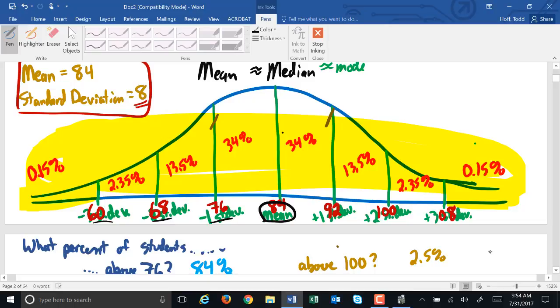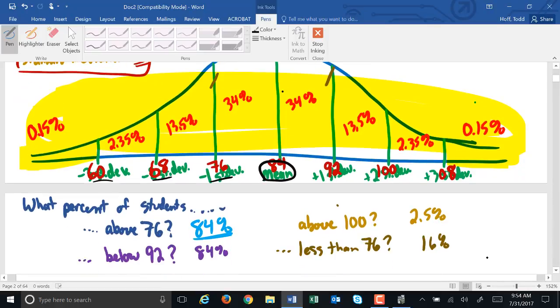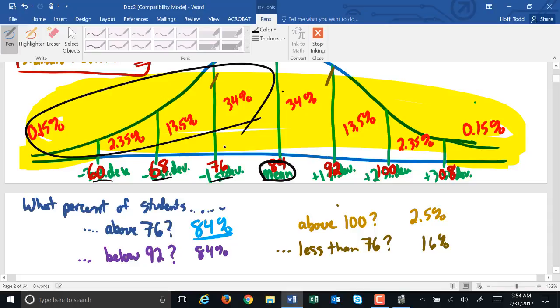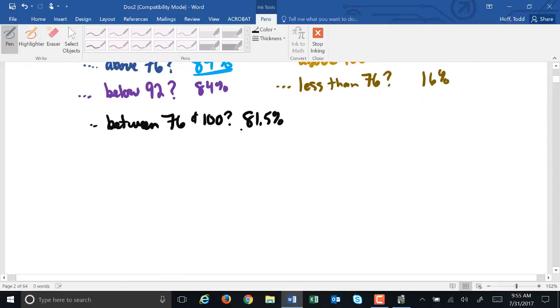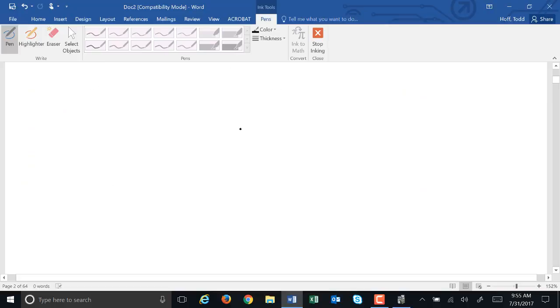Anybody need more time to write them down? Realistically, as long as you have half of it down, the rest you can fill in later, because it is symmetrical. So let's see if we can apply this to something.